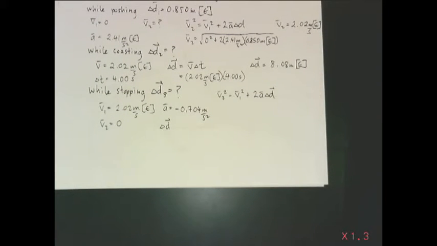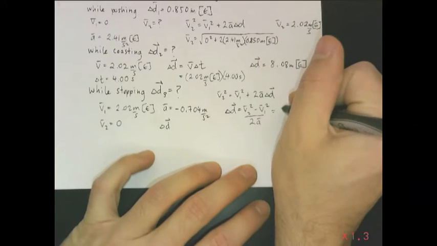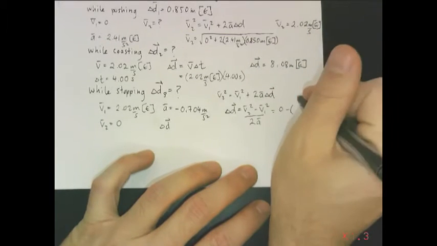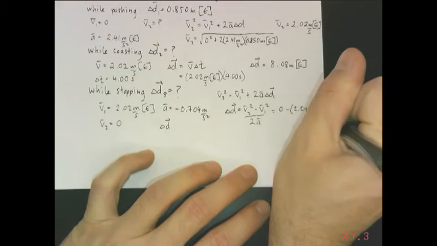So rearrange this equation for delta d. Everybody take the time to do this. I'm going to pause this to make sure that you guys do it on your own. So you should end up with v2 squared minus v1 squared over 2a. From there we're going to sub and solve. v2 we said was 0. v1 we said was 2.02 meters per second.